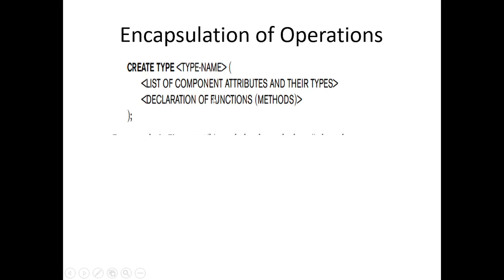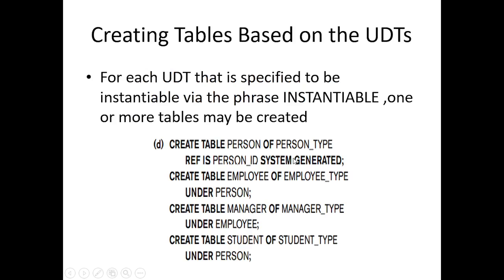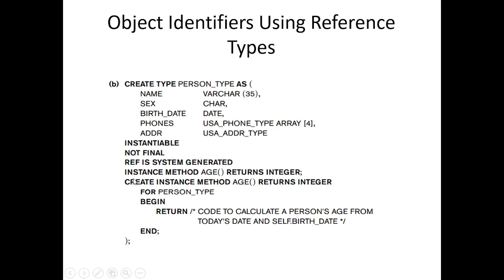Create type, then type name, then we supply a list of component attributes and their types, then declaration of functions, their methods. In this example we declared a method age that returns integer. This will calculate the age of an individual object of type person type. And the code for implementing the method has to be written.